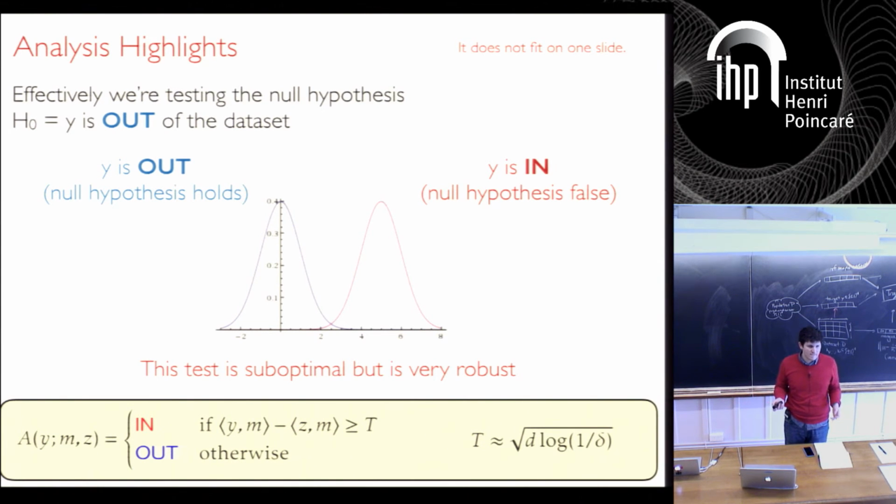The point is that these are two fixed distributions, so Neyman-Pearson applies. There's an optimal test, and maybe in this very simple case this is the test, but in general, if you allow the bits to be non-uniform or something, this is not the optimal test. But what's nice about this test is that it's very robust to having different distributions.